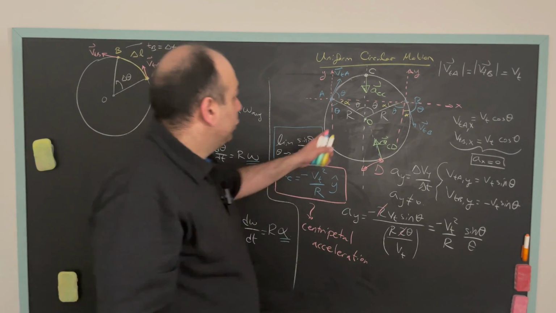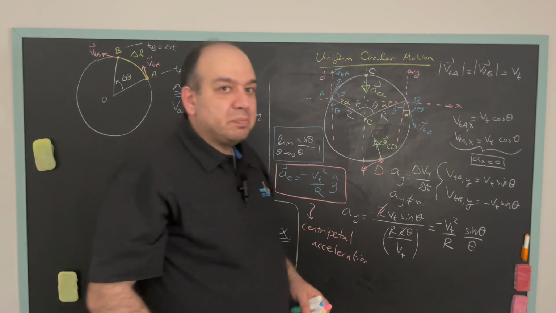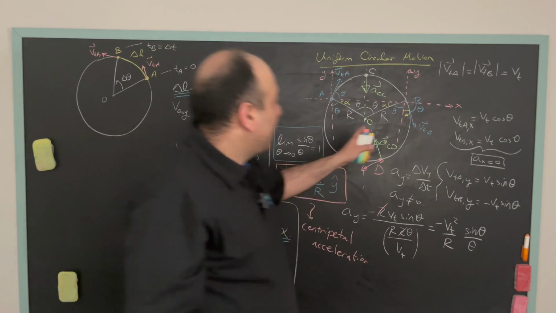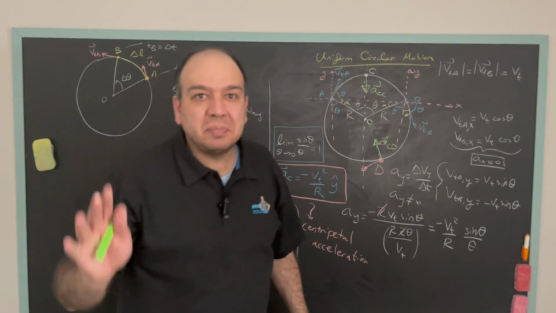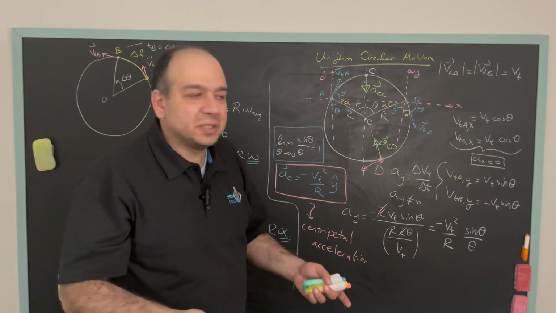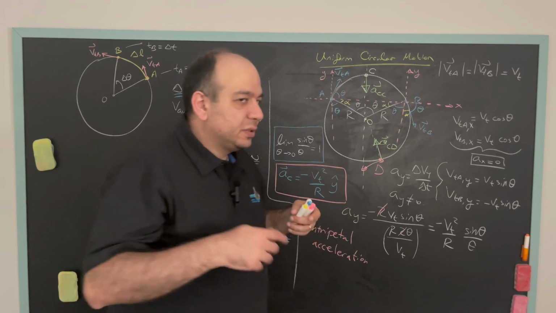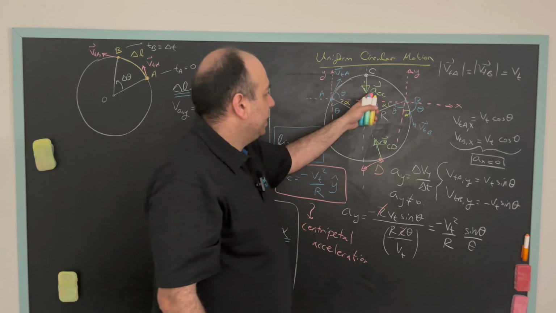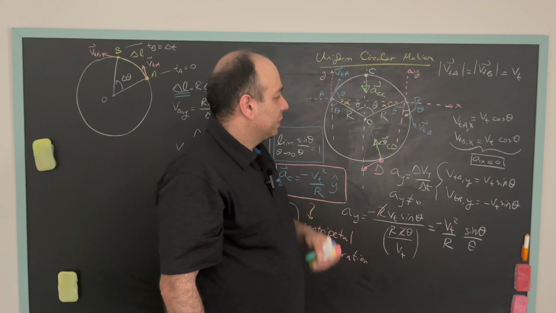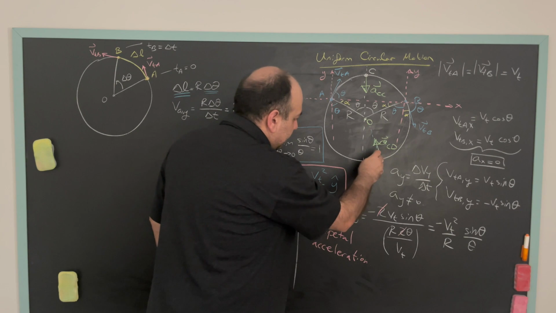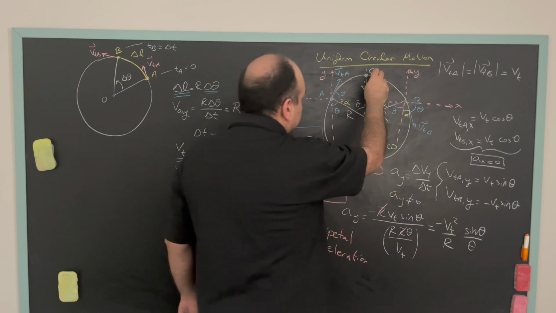Let's ask, why do we have acceleration here? Because the velocity changes. Its direction changes. Its magnitude doesn't change, but doesn't matter. Its direction changes. So when we have uniform circular motion, the direction of velocity changes. That's why we have this acceleration. One thing that we notice here is that this acceleration is perpendicular to the direction of motion.